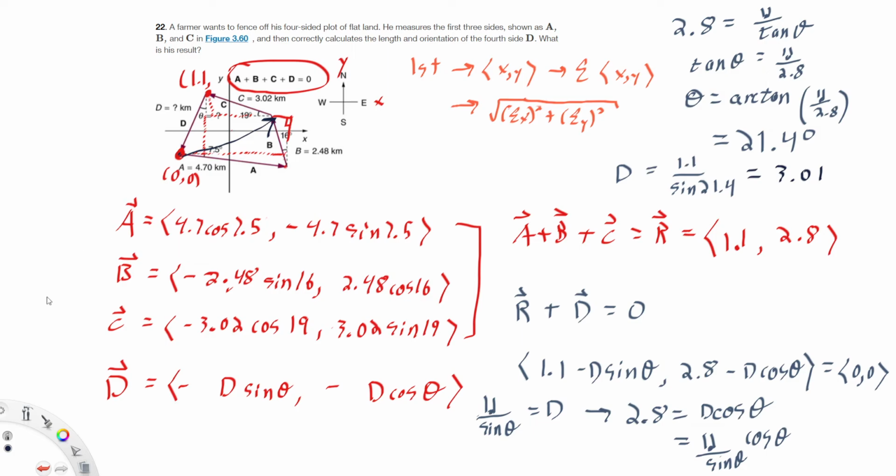Okay. So, if I am hearing you correctly, you're saying that A is like this, right? And then B is like this. Exactly. Yeah.